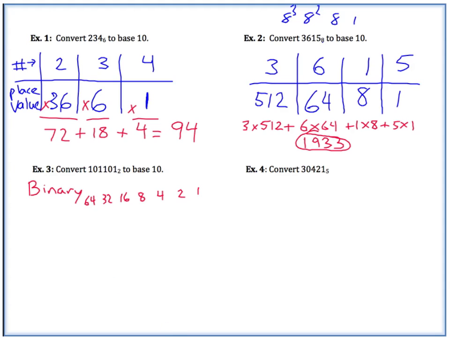So if we're going to translate this number now into base 10, let's just go ahead and write out our number first. And then below it, we're going to write out the place values here. So we'll make a little table.